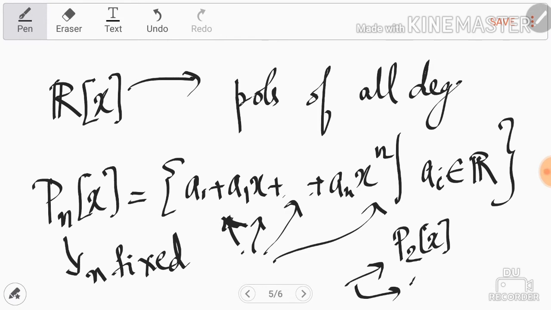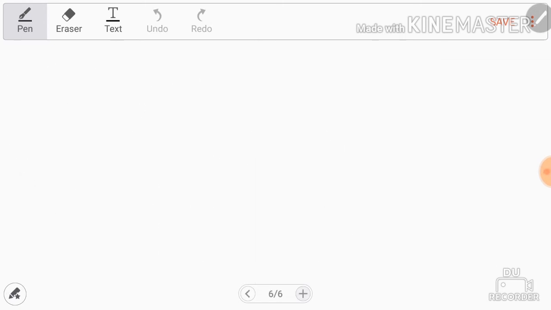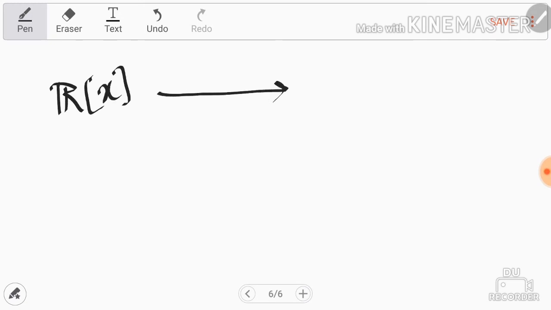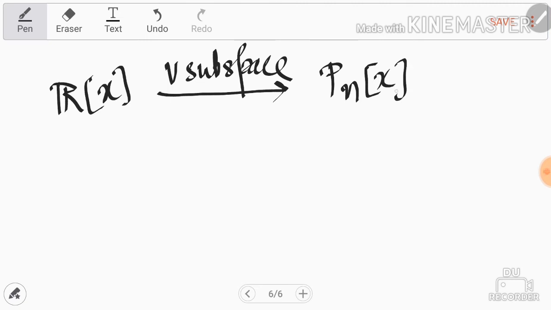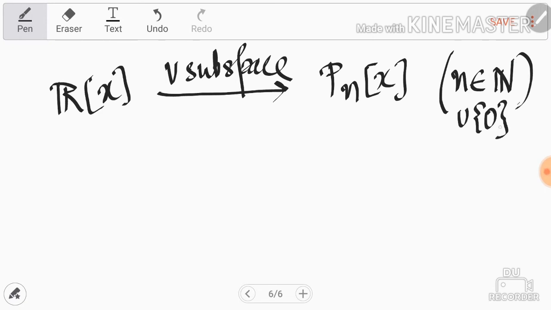It could be 1, it could be 0 also, but it will never go beyond 2. So this is another example of a vector subspace. So for R[x] as a vector space, you have countably infinite examples, that is P_n[x], for any natural number. Even 0 can be considered.